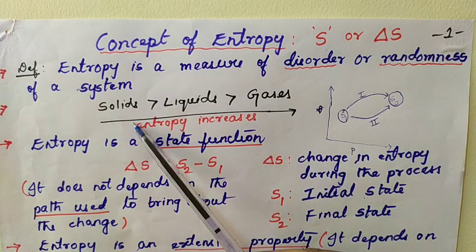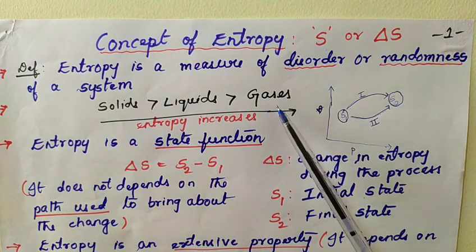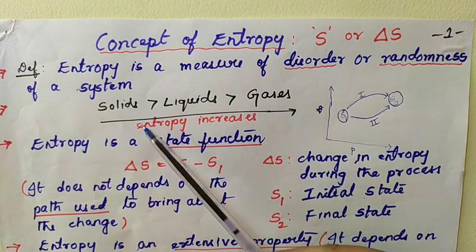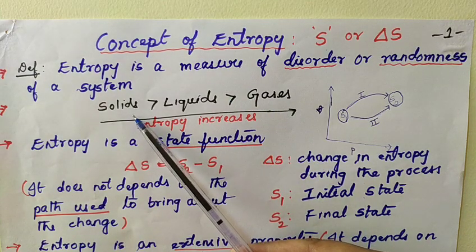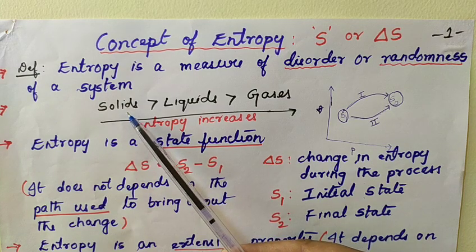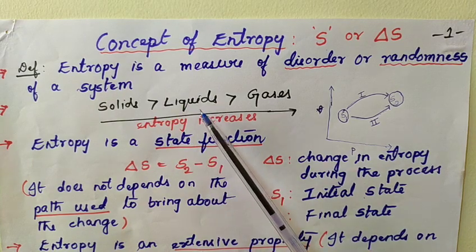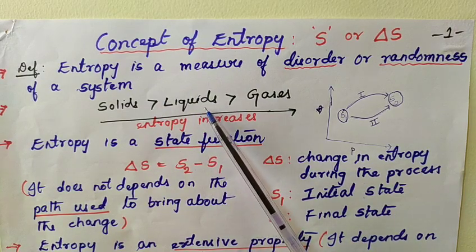With respect to states of matter, we know solids, liquids and gases. The molecules in solids are in fixed positions, so the disorder or randomness of the molecules is less in solids. Whereas in liquids, the molecules can move within the container; liquids take the shape of the container and are not in a fixed position.